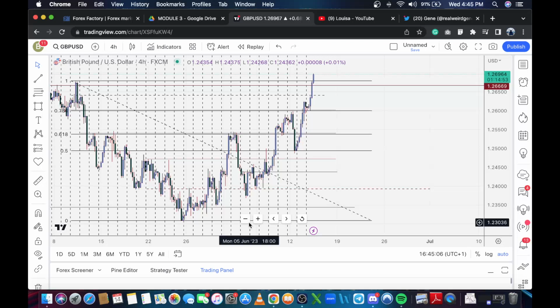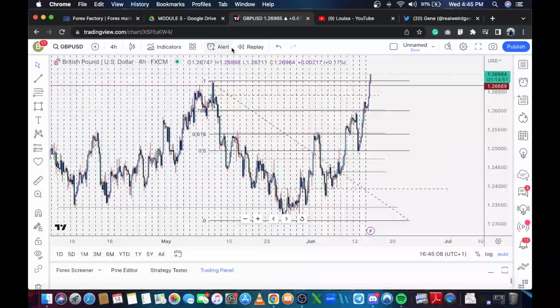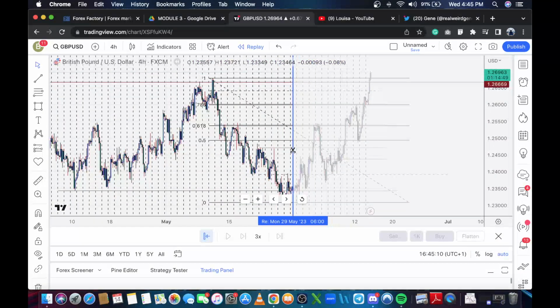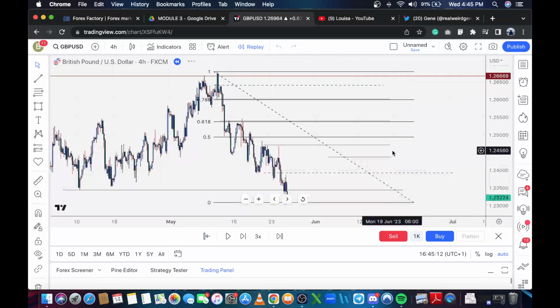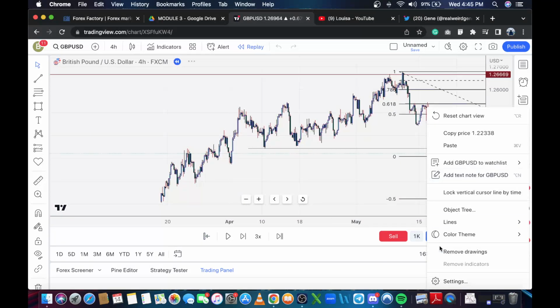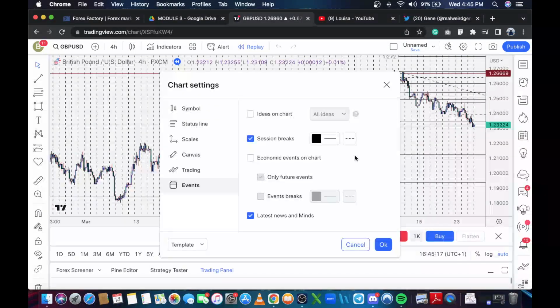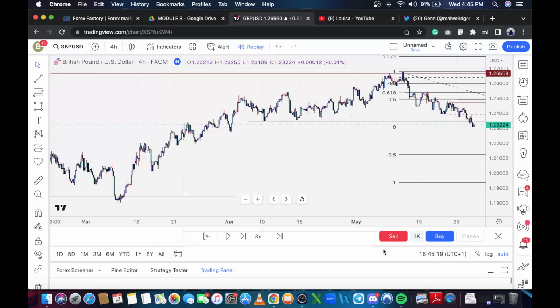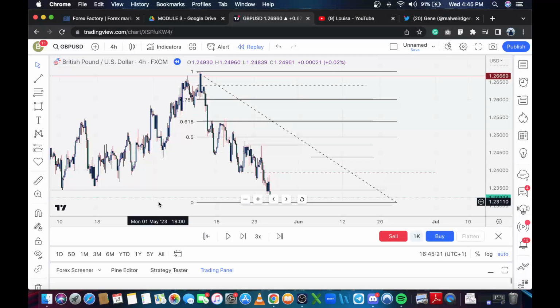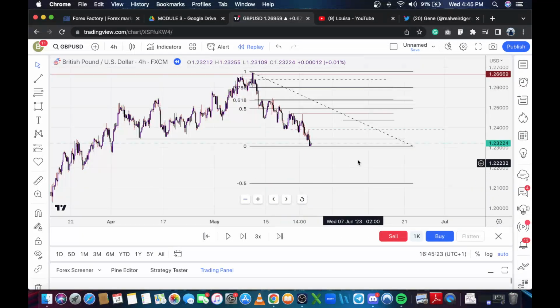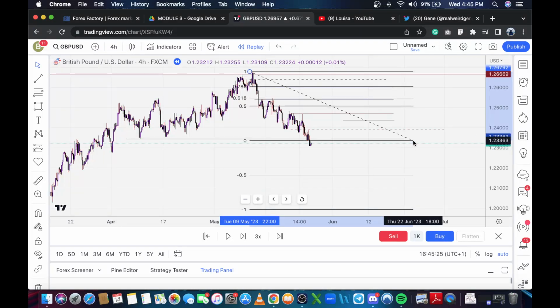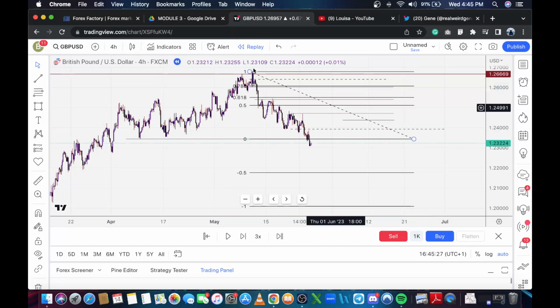But a lot of times, that is more likely to be the case, like you can see to your left. So to your left, if I removed all of this upside on British pound, let me actually remove the session breaks because they are distracting. We have from this low here all the way up to the high up there.